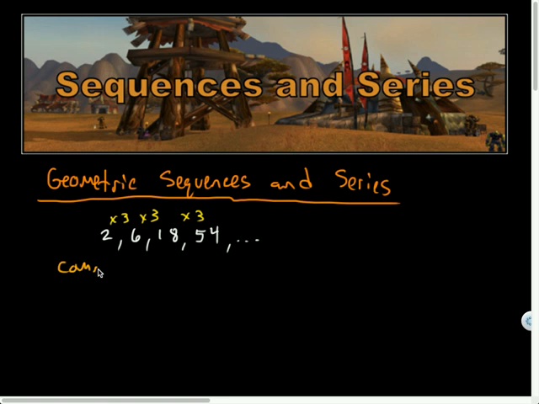So the common ratio, denoted by the symbol R, how would I describe that?